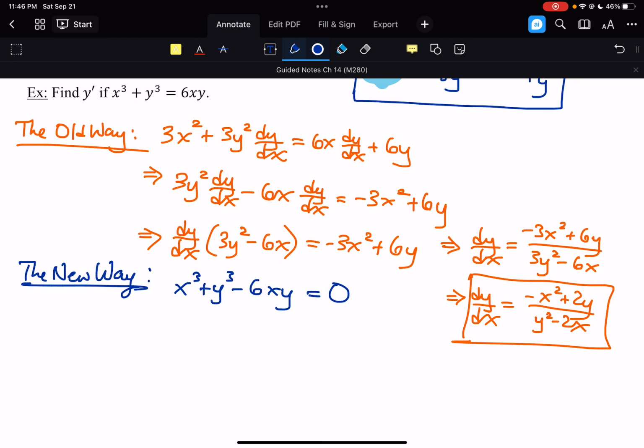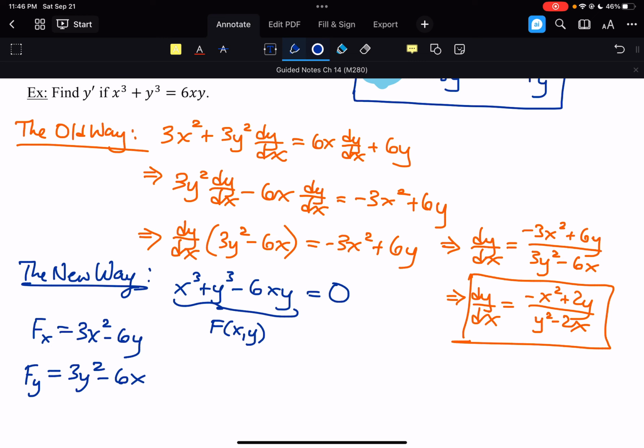And now we're going to take the partial derivatives. So fx of this. Okay, so this function right here, this is f of xy. So fx is going to be 3x squared minus 6y. Fy will be 3y squared minus 6x.